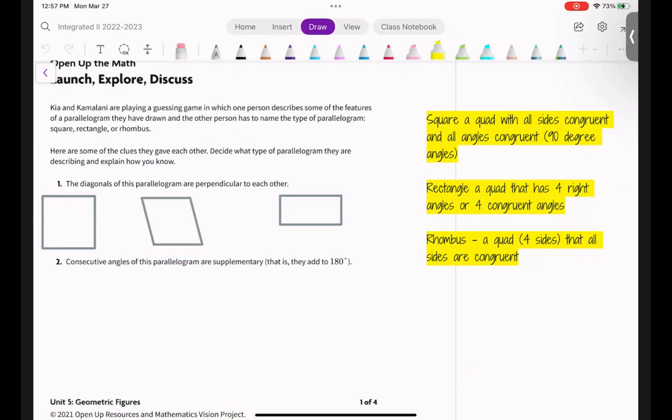Okay, so which one of these do you think have diagonals that are perpendicular to each other? You think the square? Yeah, so try drawing that out and seeing if that makes sense.